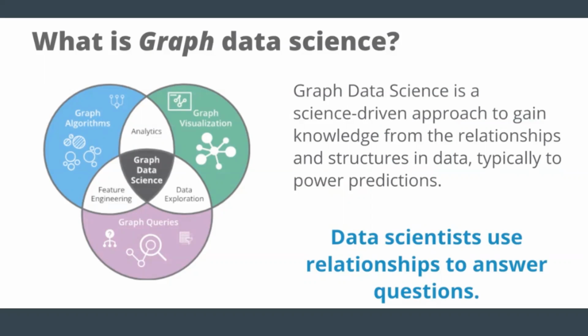Here on the left in the graph, we can see graph data science can be related to graph algorithms, graph queries, and graph visualization. In general, data scientists use relationships to answer those questions. And here is why we use graph data science.